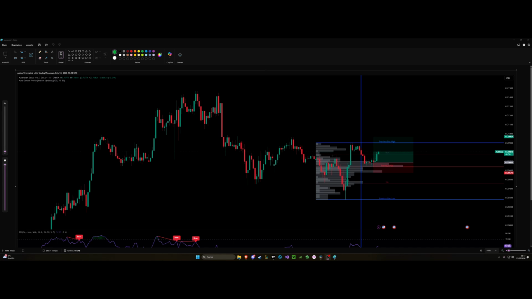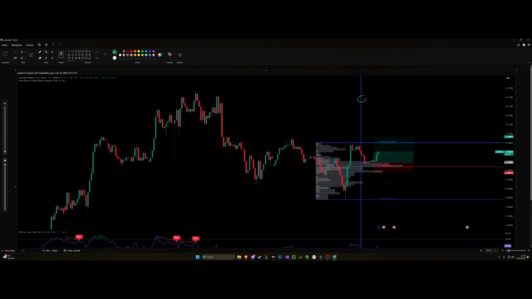If price retests the point of control and reacts cleanly, that often gives me a very solid intraday continuation setup. So basically what we are looking for is price opens inside value, we get a retest of the point of control, then we have to look at how price behaves there, does it reject or accept, and then we get a continuation. So let's get into it.